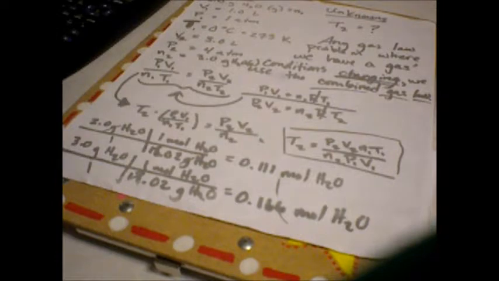Okay? So now I need a new sheet of paper. So now what do we do? This is our real N1, and this is our N2. Okay? Now we can really plug things in.